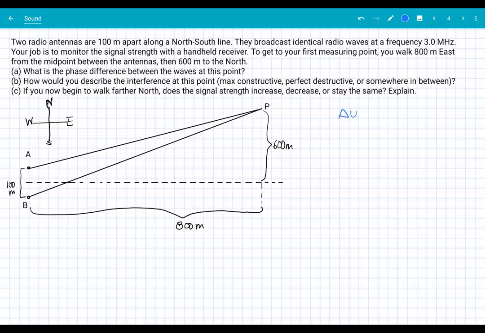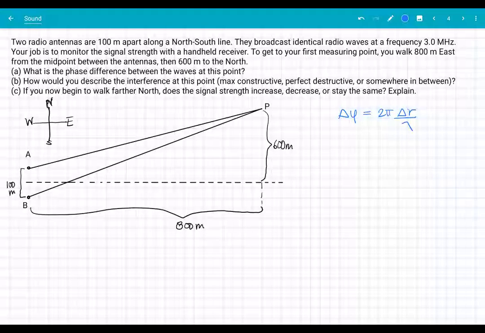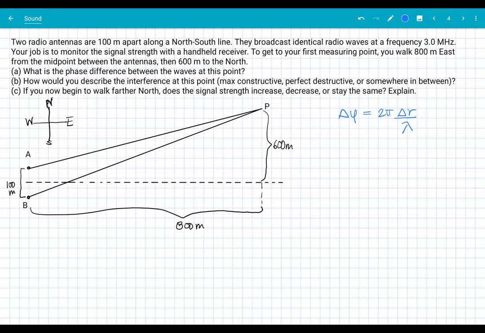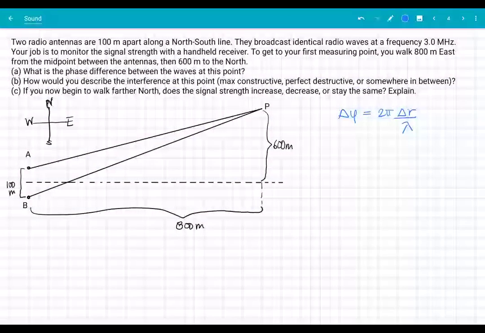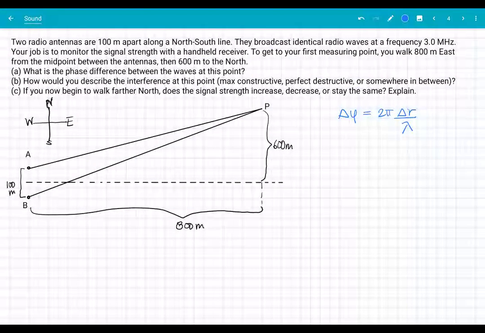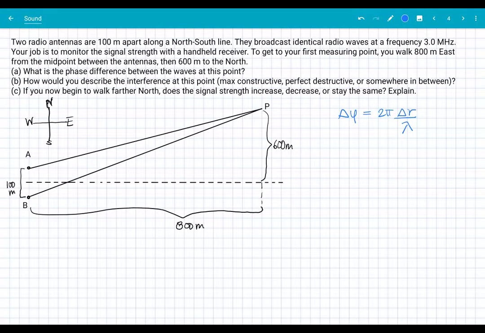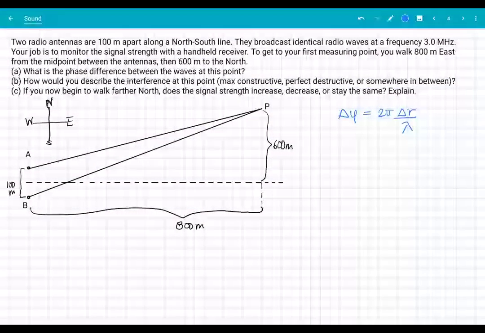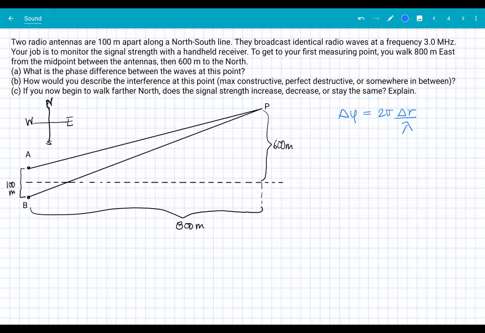Our phase difference is 2 pi delta R over lambda, and this is for starting out with in-phase sources, which we have here. So we need to figure out our delta R, which we can, and then we need to figure out our lambda. So let's do both of those things.